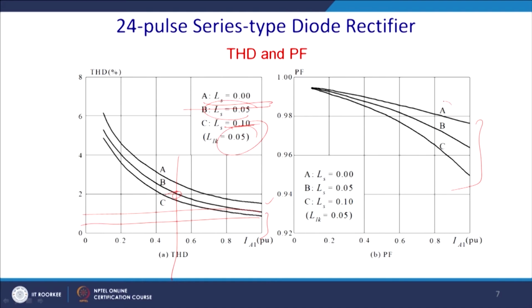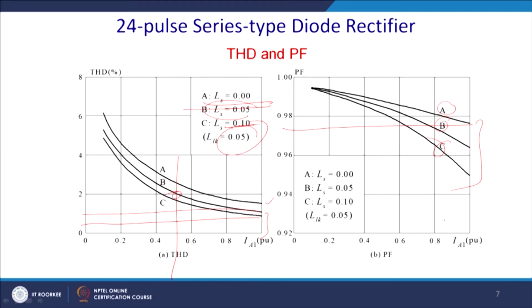So, you have A, B, C, these three curves, and you can see that A gives you generally a little less than 98% without any source inductance. Generally, we are interested in B. B is well above 95% at full loading, and if your loading decreases, then definitely power factor gets better.